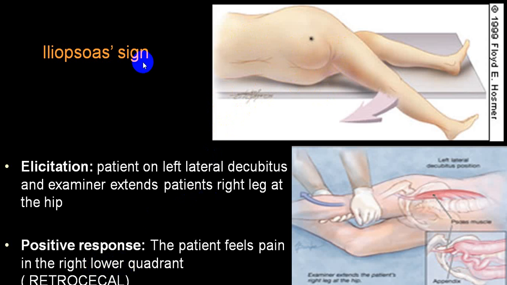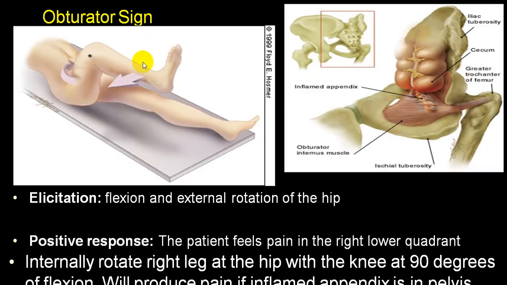This is the iliopsoas sign. In the case of the obturator sign, in a supine posture, you flex at the knee and flex at the hip, and then do rotation. What you are doing is stimulating the obturator muscle, and if it is a pelvic appendix, it will be irritated by the obturator contraction.